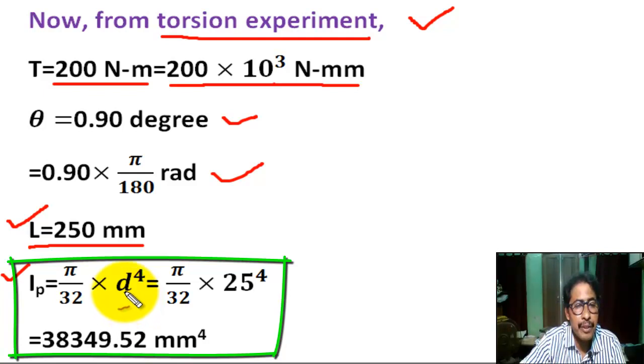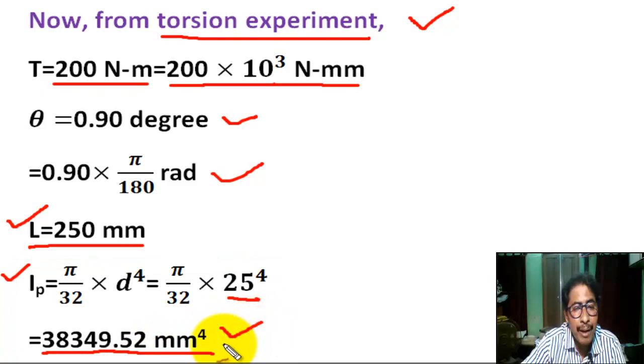In our problem, diameter of steel bar given 25 millimeter, we just put the value pi by 32 into 25 to the power 4. Calculation: IP equal to 38349.52 millimeter to the power 4. Unit of polar moment of inertia millimeter to the power 4. Okay.